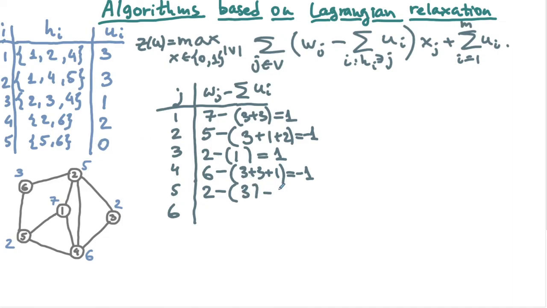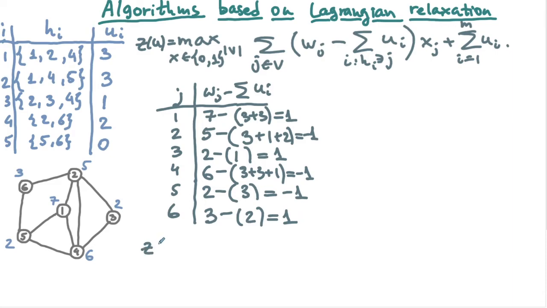So we obtain negative 1. Finally, for j equal to 6, the weight of the vertex is 3, and the vertex 6 is included in hyperedges 4 and 5, and the corresponding ui sum up to 2. So the coefficient is 1.